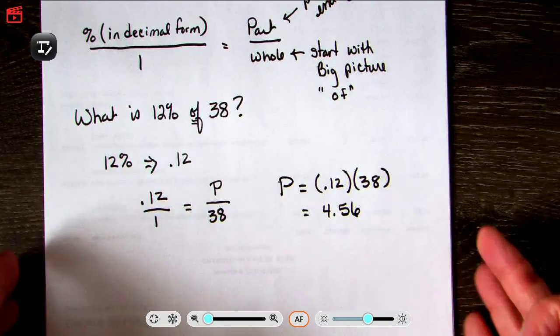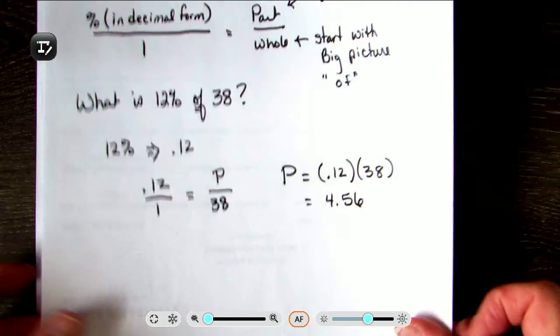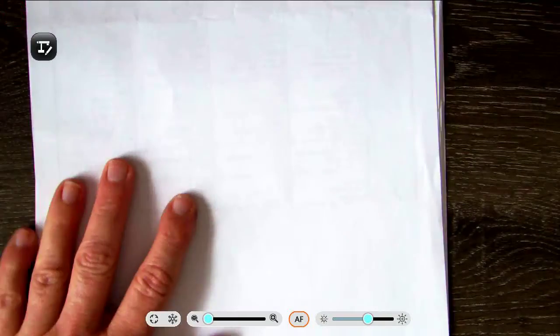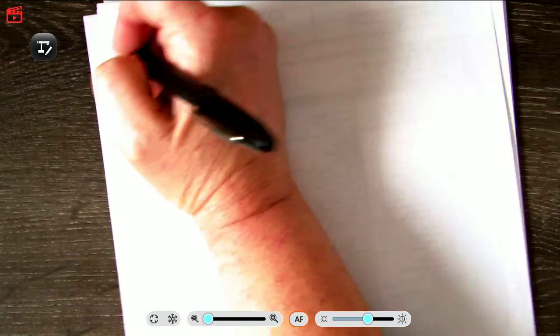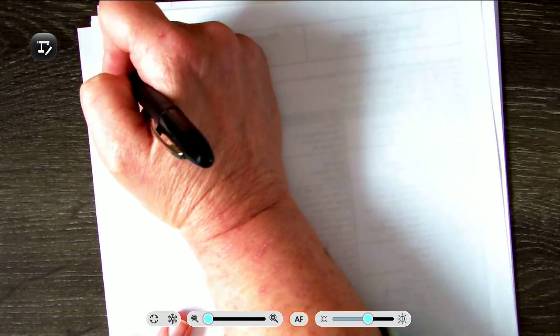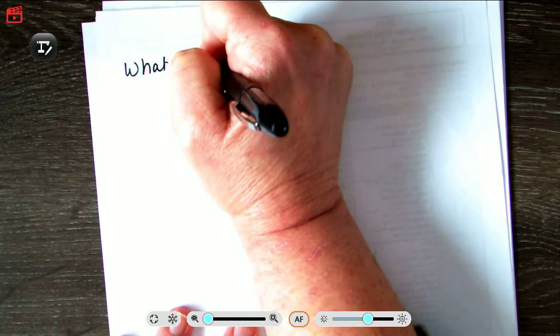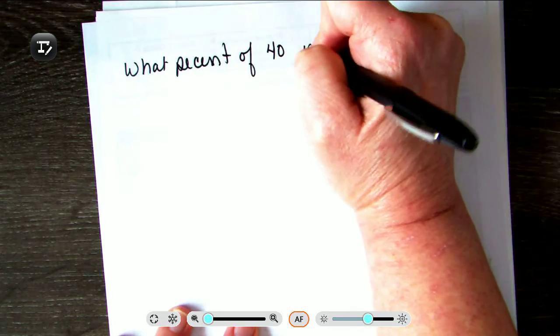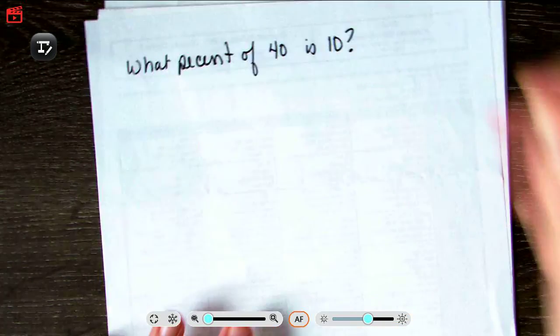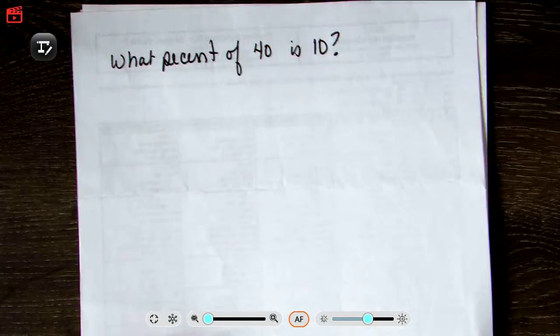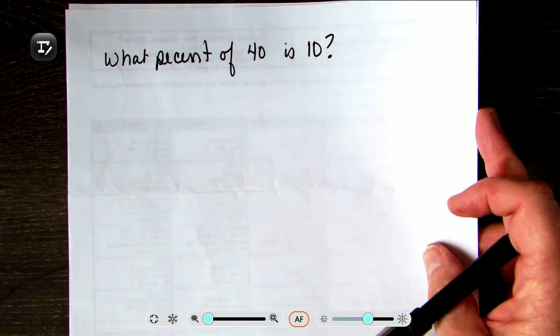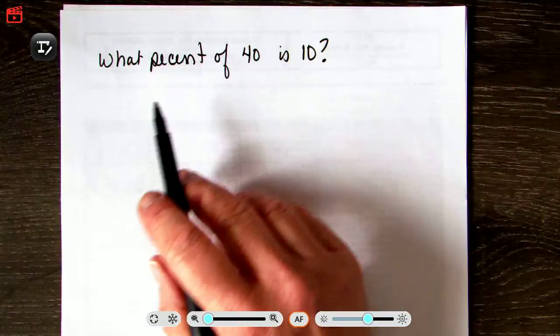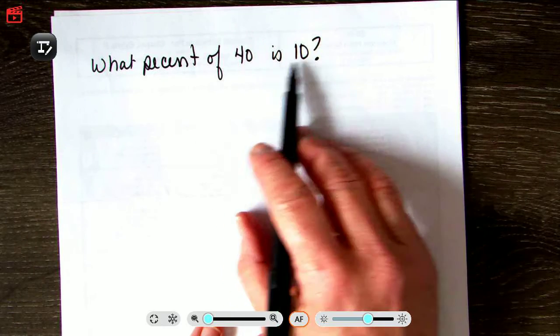Okay. Let's do another one here. And let's do what percent of 40 is 10? Okay. So what percent of 40 is 10?